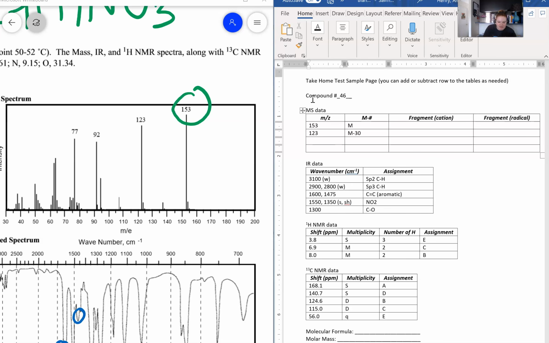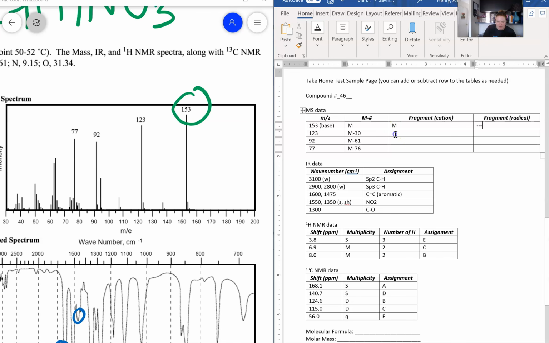The next peak is 92, so this is M minus 61. And then the last one is 77, which is M minus 76. The 153 is also my base peak, so I'm going to put that right here. And then that molecular ion, we can just label it like that.